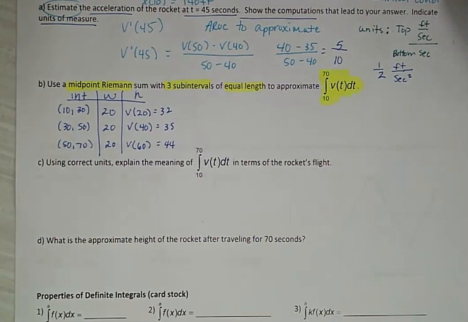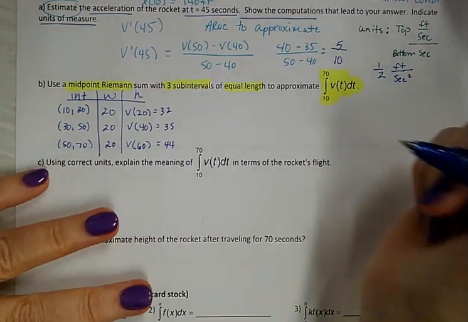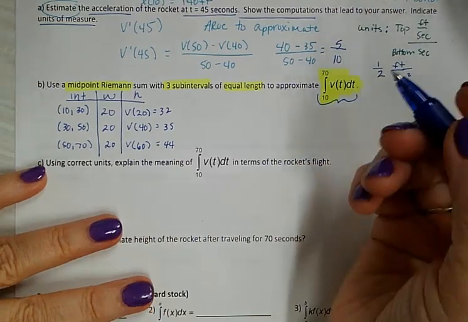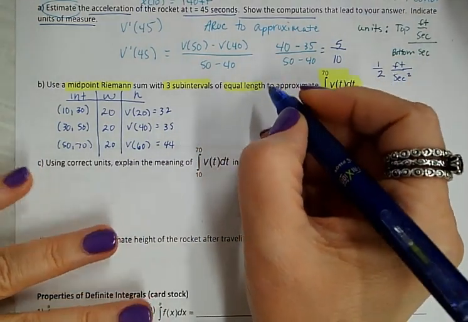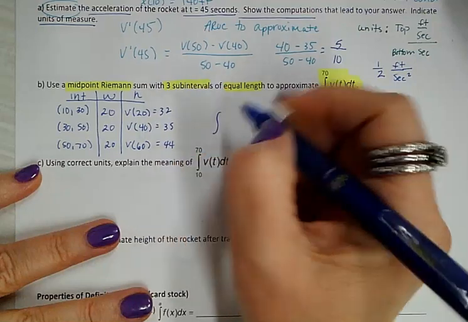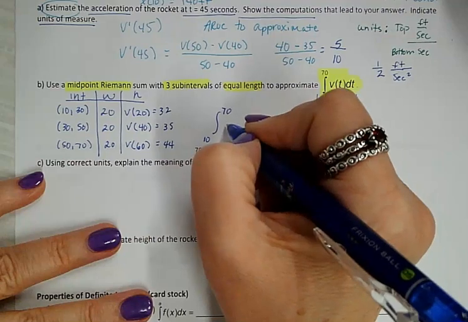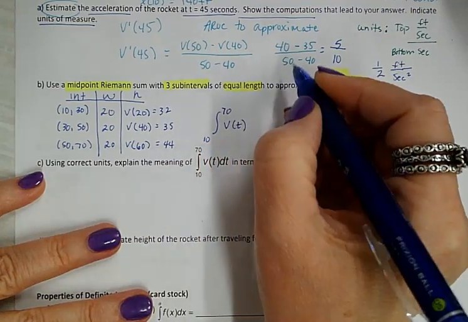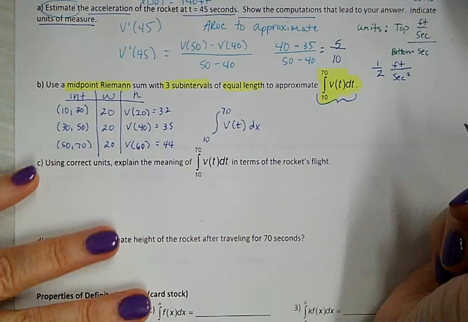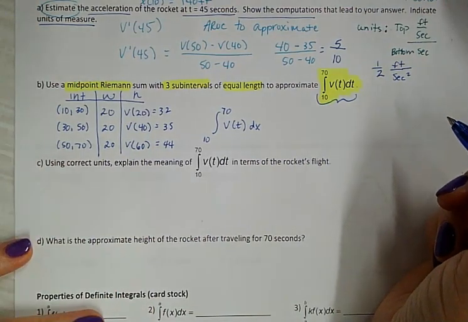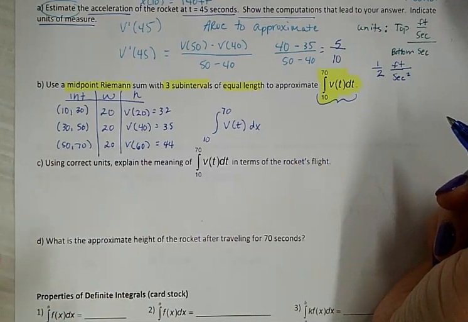Okay, so hopefully you have your table complete. Now we're going to use our calculus notation this time instead of saying just the accumulation of the area. The accumulation of my area is what they're giving me right here. So I'm going to say the integral from 10 to 70 of v of t dt is going to be, and then I can do my midpoint summation.